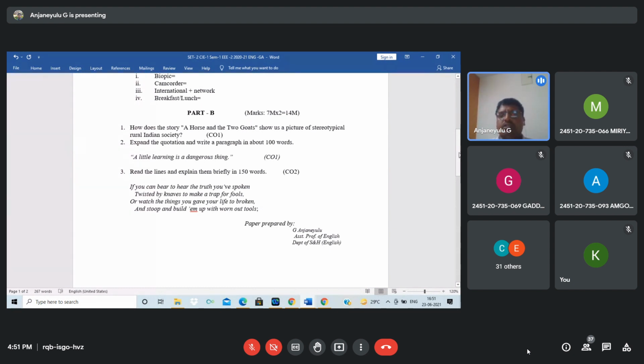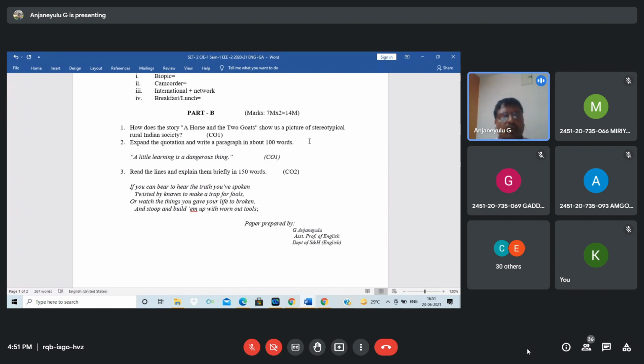But this is a question related to rural Indian society. Sometimes we may ask other aspects. Okay, you give how R.K. Narayan showed in his A Horse and Two Goats fiction. Explain, discuss, illustrate, and define: these are terms that give different explanations.